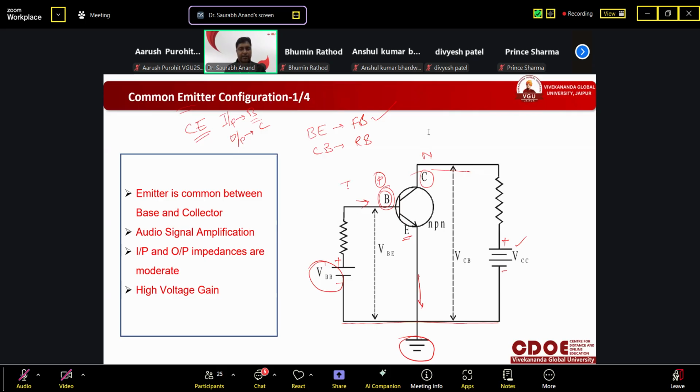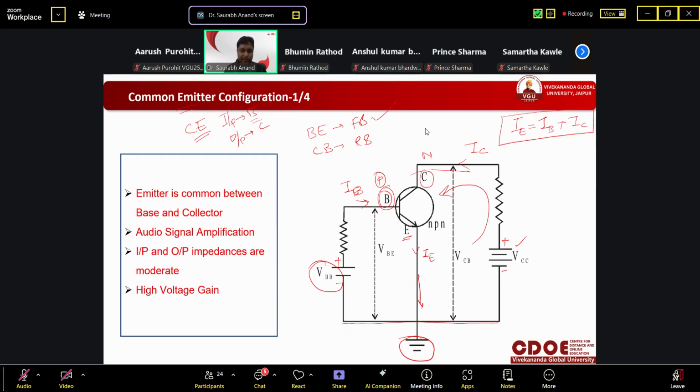So the current will be IB. Sorry, this is IE, right? And this is positive, so current will flow in this direction. So it will be IC. If you forget the direction, remember the transistor current equation: IE is equal to IB plus IC.